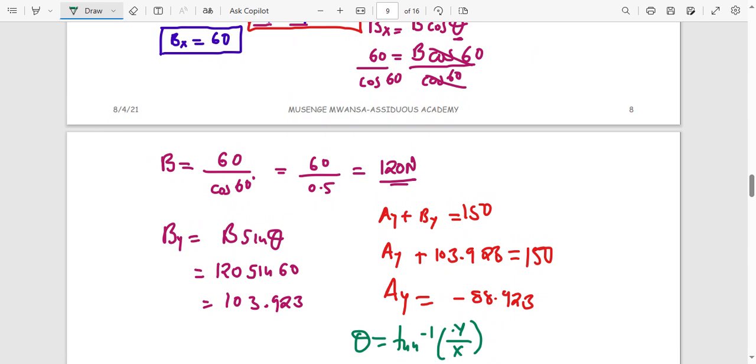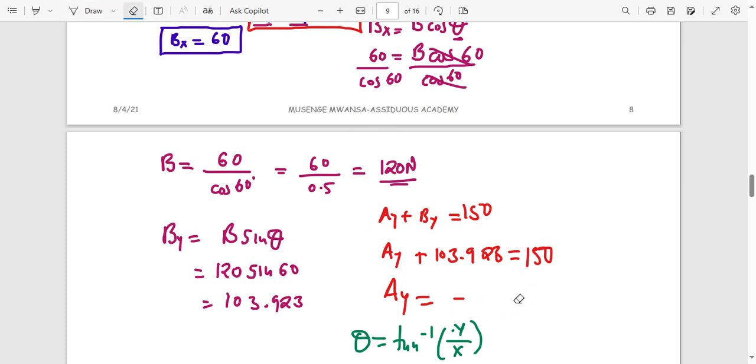Oh, yeah, that's true. It's because of my wrong punching. Thank you so much. 150 minus 103.923, that's how it's supposed to be operating.